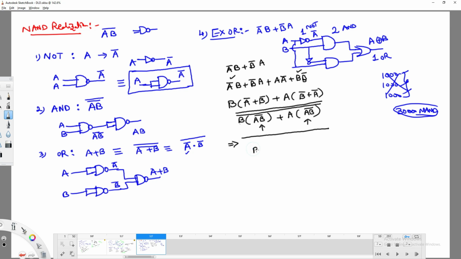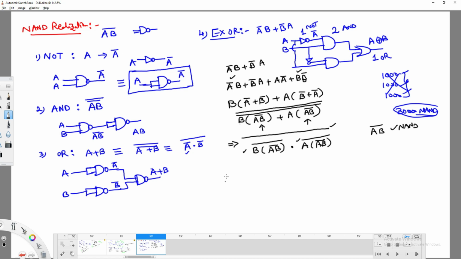Then you are going to get B into AB bar whole bar dot A into AB bar whole bar, right? So guys, try to observe now. AB bar is one component. AB bar requires one NAND gate, and these two require one NAND gate, and the whole complement requires one NAND gate. That's it, right?